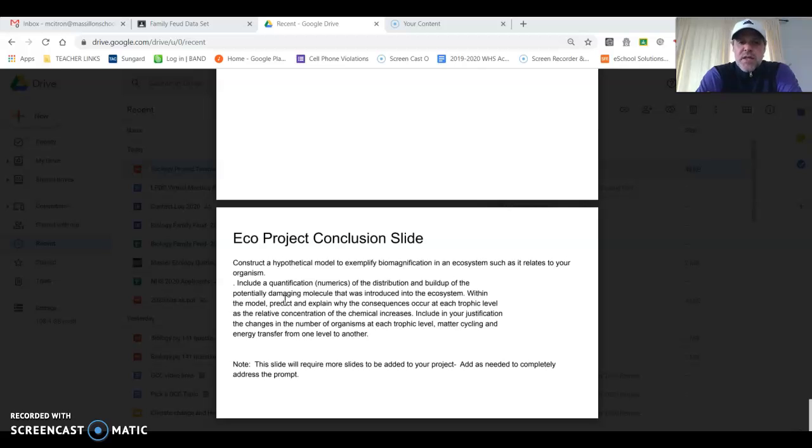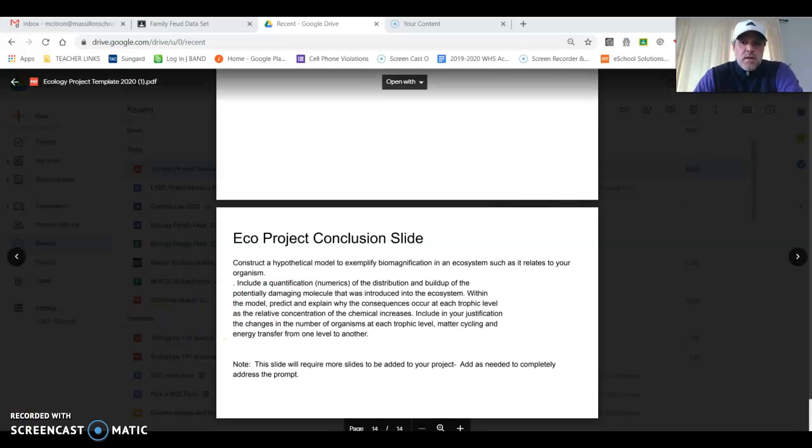Do it with some quantification, some numerics. Give me some numbers. It's hypothetical. You can construct these numbers, just make sure they make sense, especially when you're talking about the rule of 10%. If you're a person who would like to add this as a typed Word doc and just put the hyperlink in there instead of trying to put it onto slides, perfectly fine.